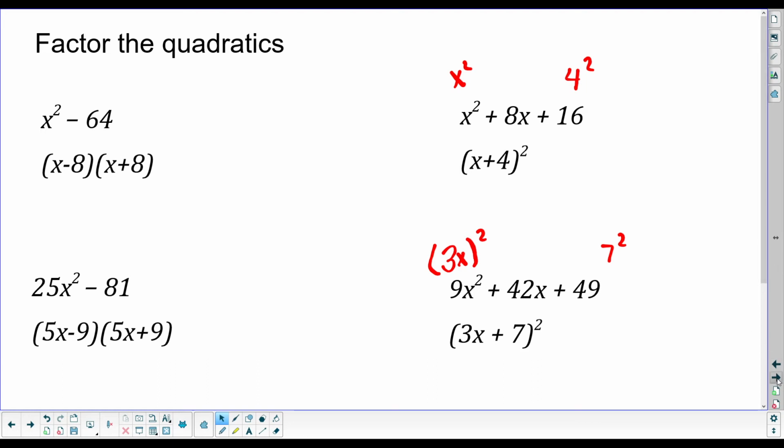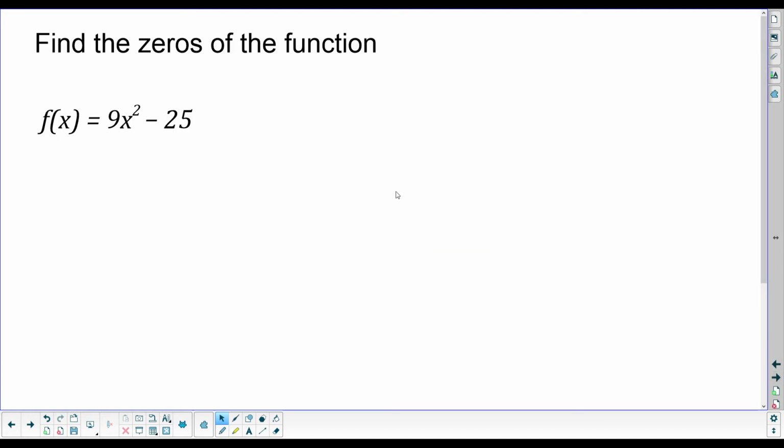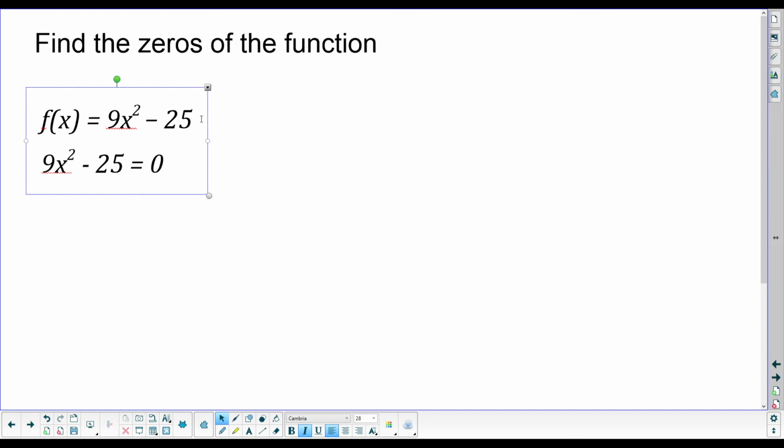So how do we use these? So here's how we're going to use these. We want to find the zeros of this function. So remember when we talk about zeros, the zeros are the solutions, the x-intercepts. We use all those terms interchangeably. So what we want to do here is we want to find out where 9x squared minus 25 is equal to 0.